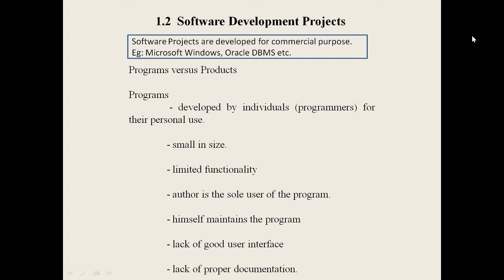If the software is developed for someone else, for some other business concern, it should have a good user interface, because it is used by a person other than the developer.